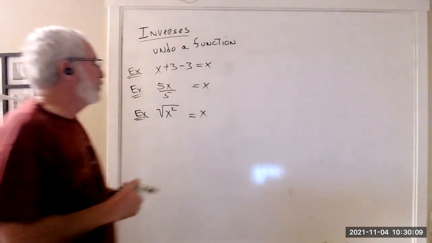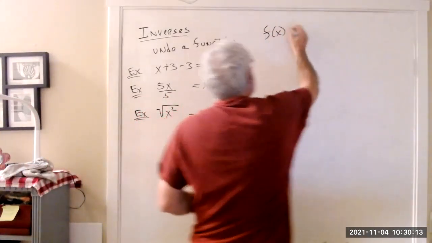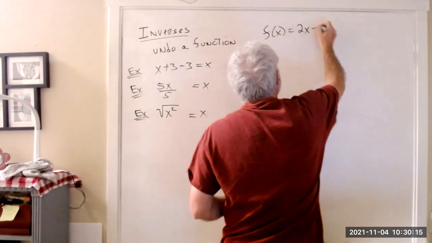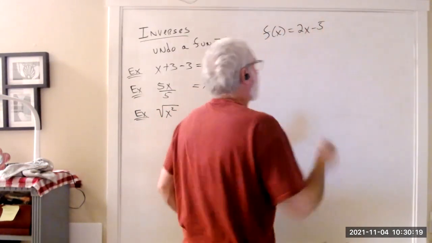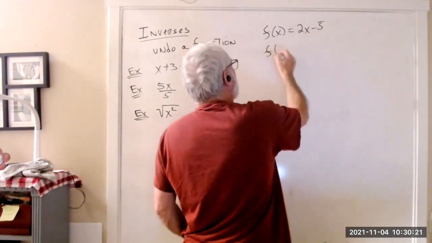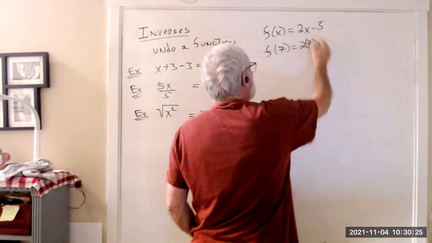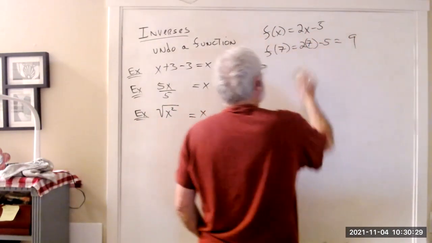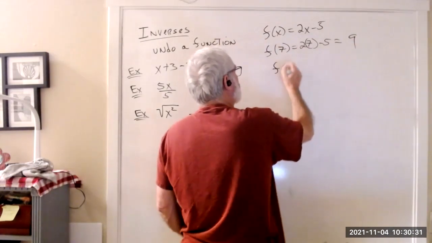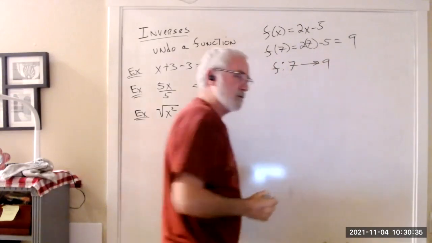So if we take a function like 2x minus 5, I know that f of 7 is 2 times 7 minus 5, which is 14 minus 5, which is 9. So the f function takes 7 and turns it into 9.